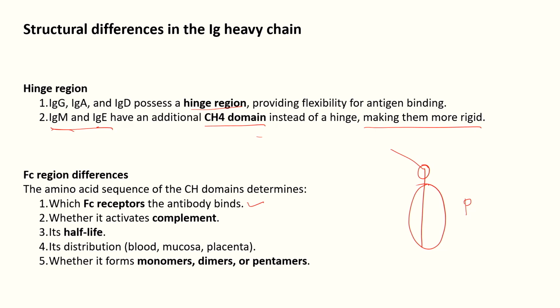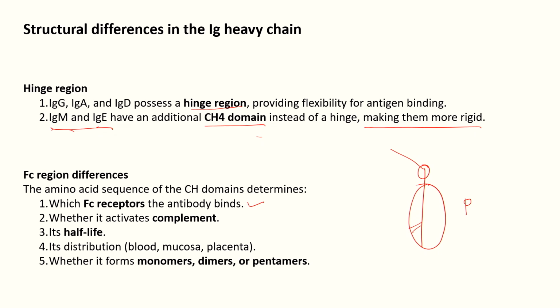Secondly, complement activation depends upon the amino acid sequence present in the FC region. Also, the half-life of a protein, say for example the half-life of IgG, IgA and D, and other immunoglobulins, will be decided based on the FC region's amino acid sequences. So this is very important to decide the half-life of a protein.